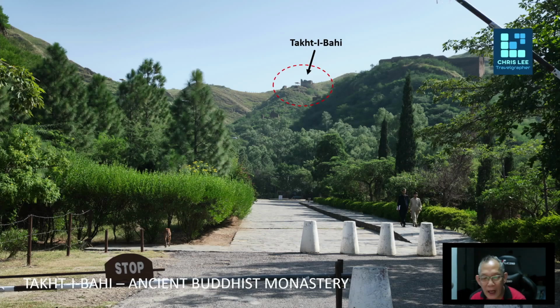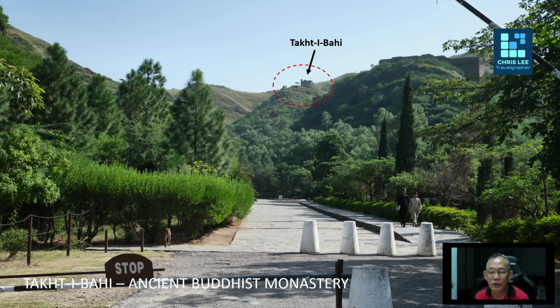In the Persian language it means throne of the water spring, and it is an Indo-Parthian archaeological site and an ancient Buddhist monastery in the town of Mardan, in the Khyber Pakhtunkhwa province of Pakistan.